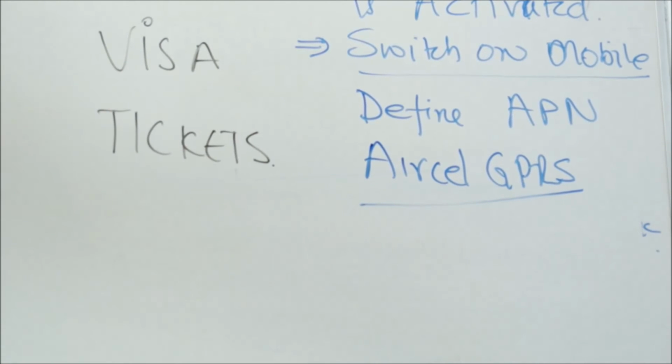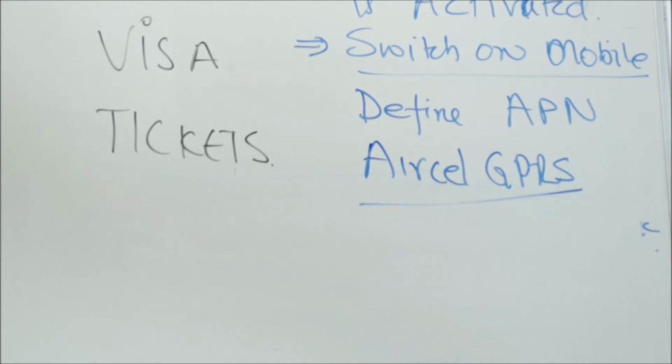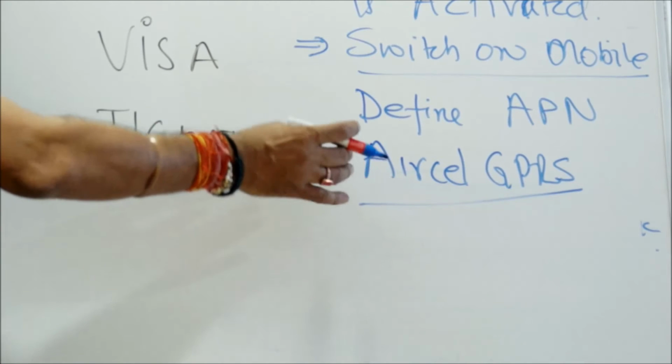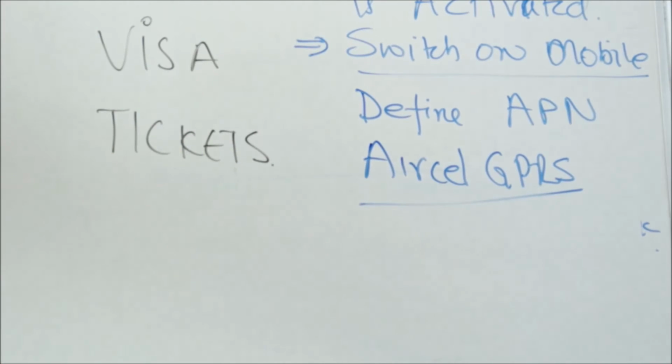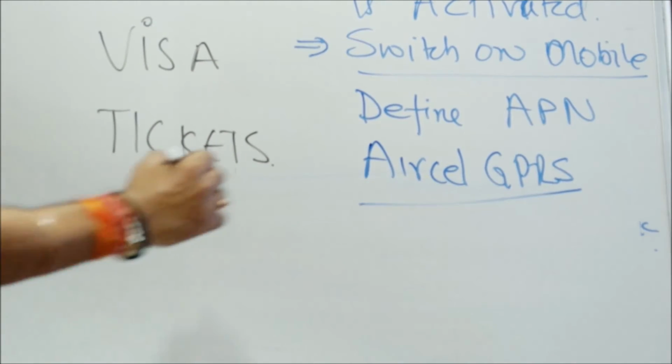Every time you put your new SIM into the handset, Aircel sends the settings, and which gets automatically saved, and you can access the internet. So the APN is generally automatically set, and the tickets are like buying the data pack.